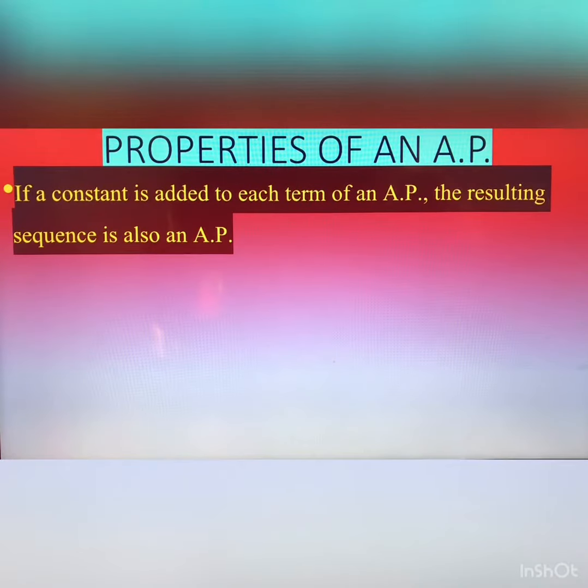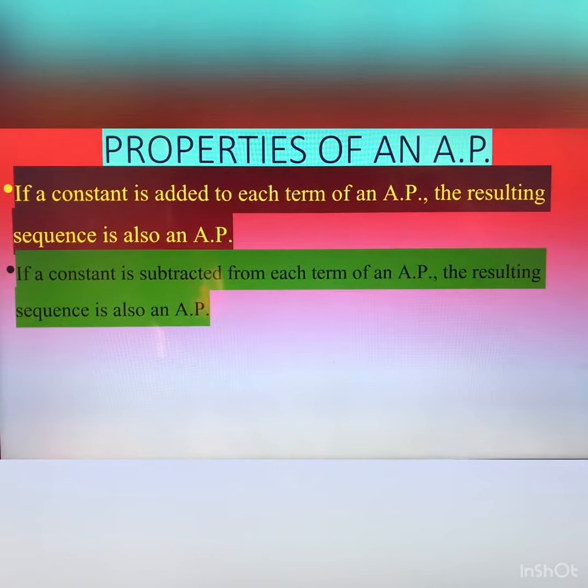AP. Okay, means if we add any constant term to the given AP, then we will get a sequence that is also an AP. If a constant is subtracted from each term of an AP, the resulting sequence is also an AP. Means if a fixed number is subtracted from each term of an AP, then we will get a new AP.